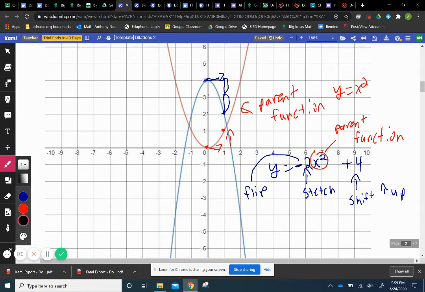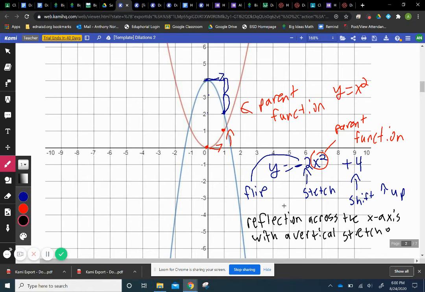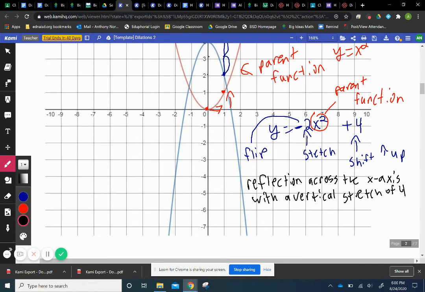So if we describe in words our transformation, it is a reflection across the x-axis with a vertical stretch of 4 and a vertical shift up 4.